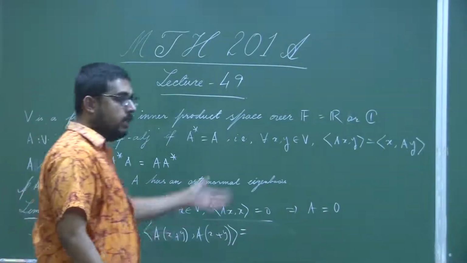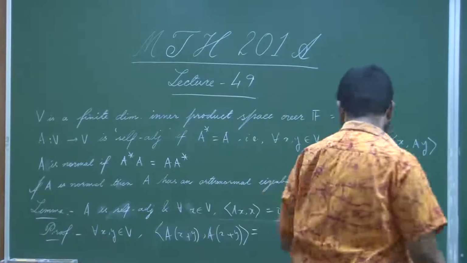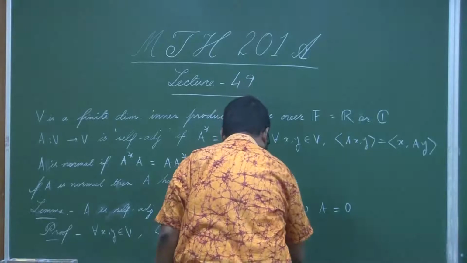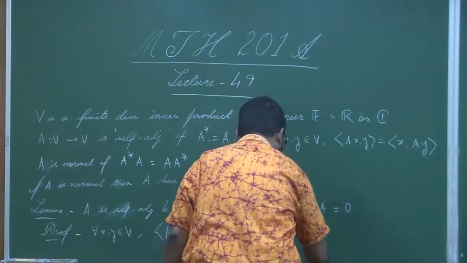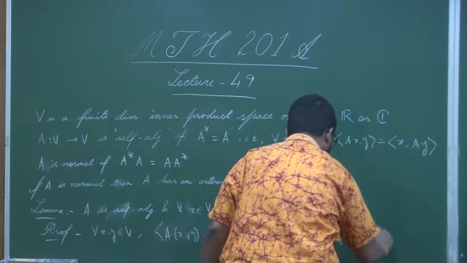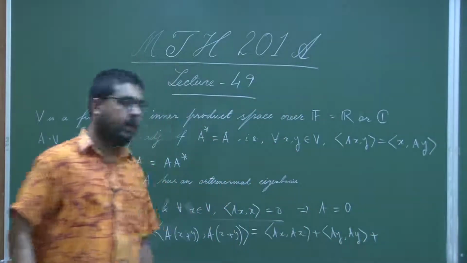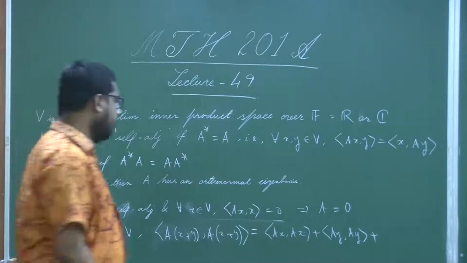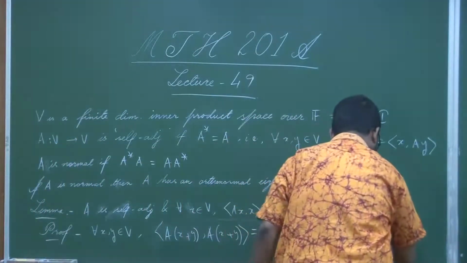So, what is this? Ax plus Ay, inner product with x plus y. Therefore, the first term will be Ax, then you will have Ax inner product y.